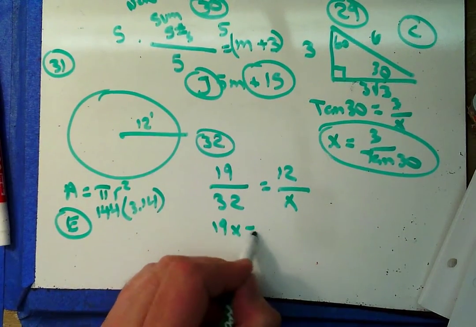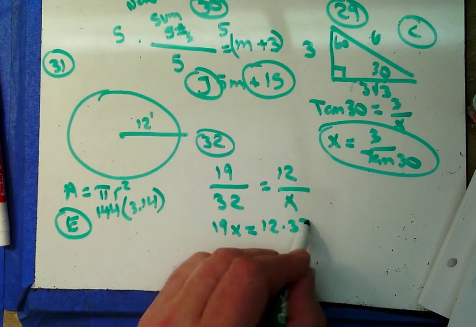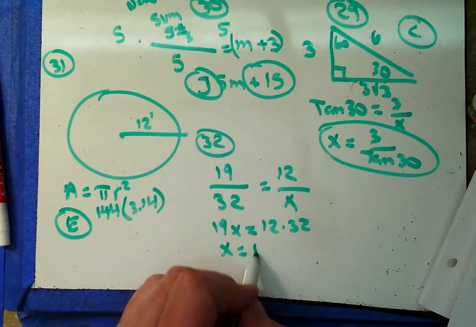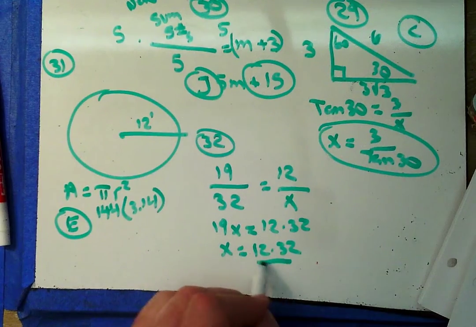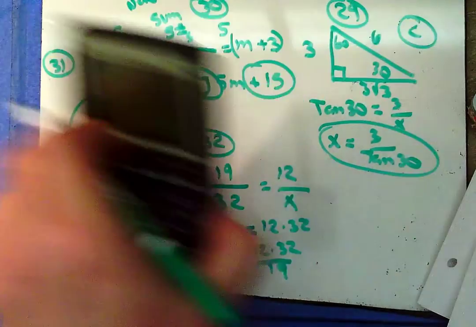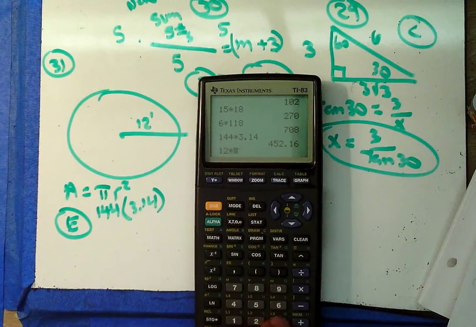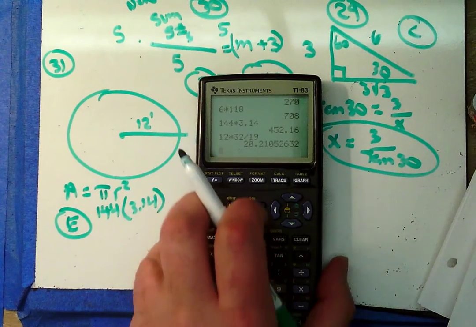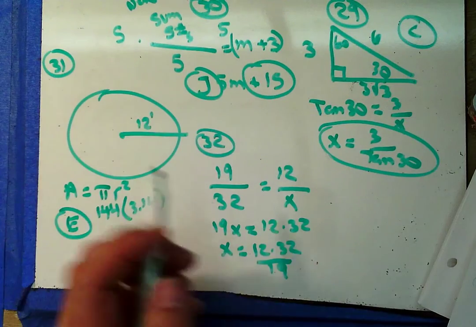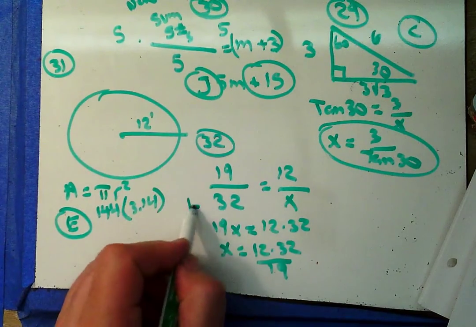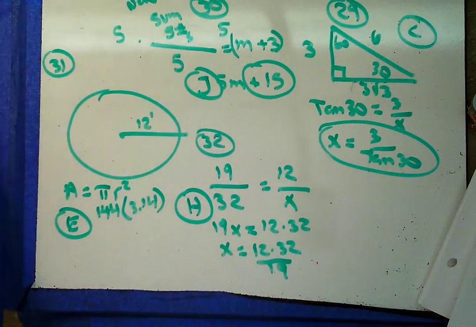So 19x equals 12 times 32, or x equals 12 times 32 divided by 19. So 12 times 32 divided by 19 gives us a little more than 20 inches, and that's choice H. H for number 32. 33.